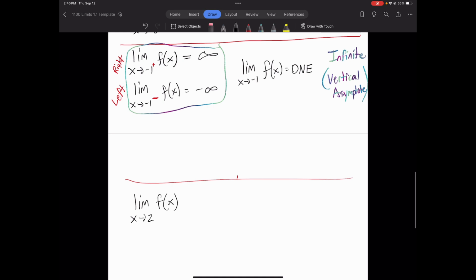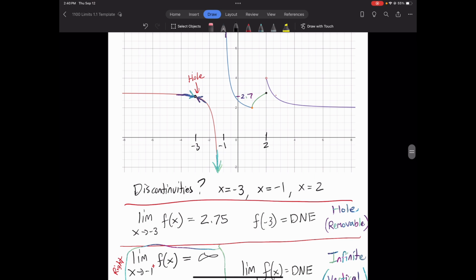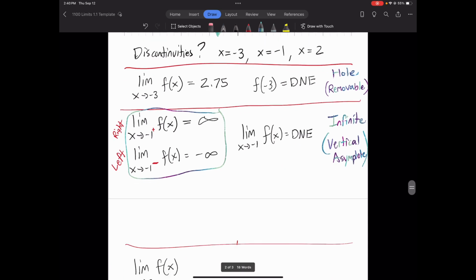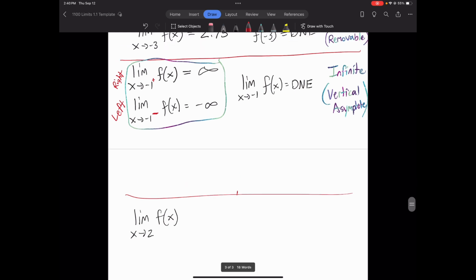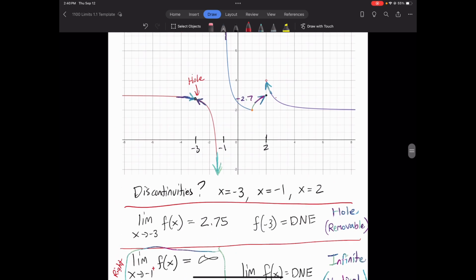What's happening to the function as I let x approach 2? Well, the same thing happens where depending on what direction I approach from, my function is approaching two different values. So if I come from the negative direction, from numbers less than 2, which means I'm coming from the left, I'm approaching a y value of 3.